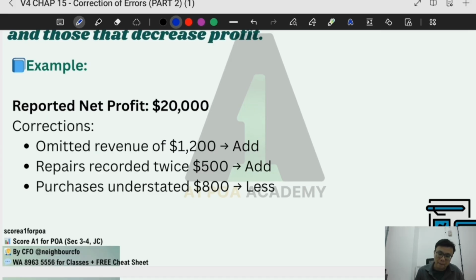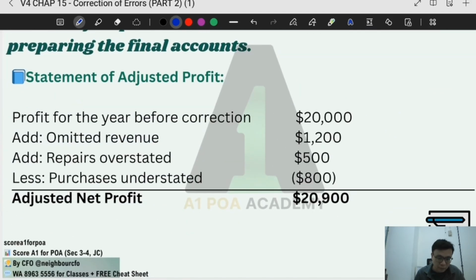So this one, you have to add back this $500 as well. Purchases understated $800. This one you have to less. So once you have these line items, whereby you add these two and you less this one, you will be able to get the correct adjusted profit. Very similar to the specific example that we ran through earlier on. So let us now take a look at the correction.